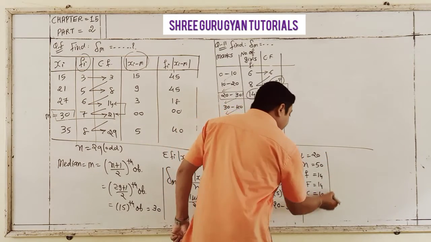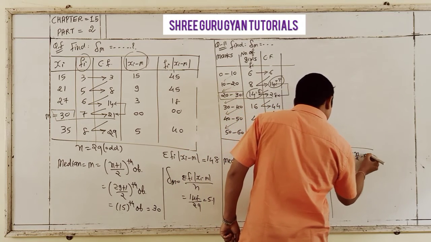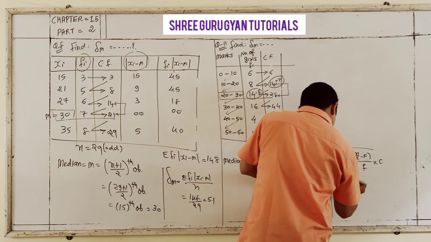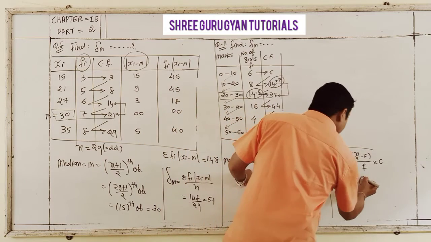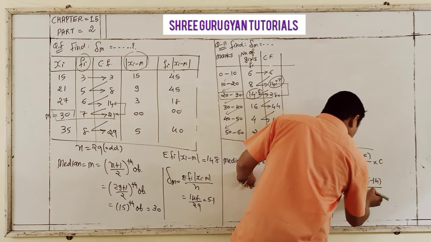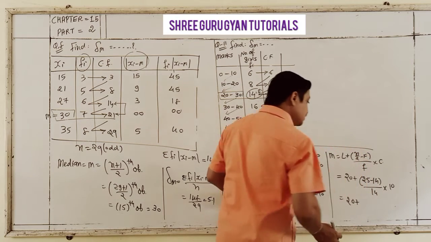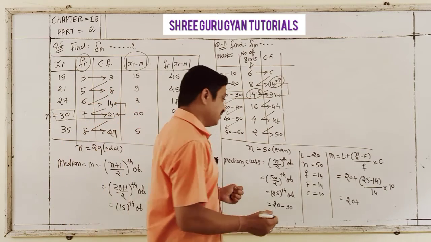So here we define the median M equals L plus (n by 2 minus big F) by small f into C. L I had 20, n by 2 is 50 by 2, which is 25, F is 14, small f is 14, and C is 10. So 20 plus, 25 minus 14, which is 11.